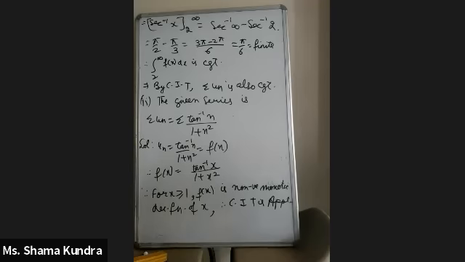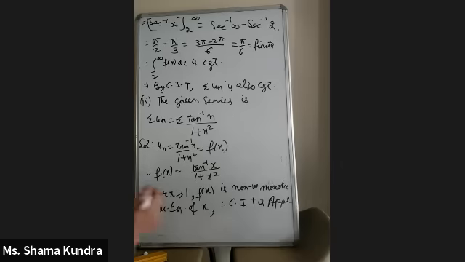The value of x in the denominator varies, and the denominator is greater than the numerator. Suppose if we put 1 here, tan inverse 1, and in the denominator we have 1 plus 1, 2. You can put different values to check whether it is increasing or decreasing.